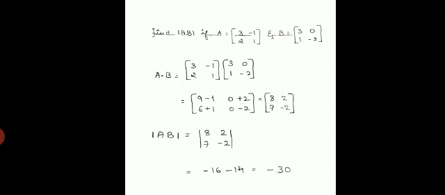You get 8 into minus 2 is minus 16, minus of 7 into 2 is minus 14. So both contain minus signs. So minus will remain as it is, and find the sum. Add these two numbers, that is 16 and 14 becomes 30.